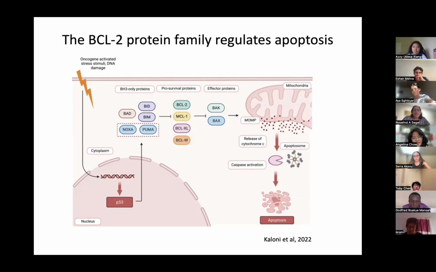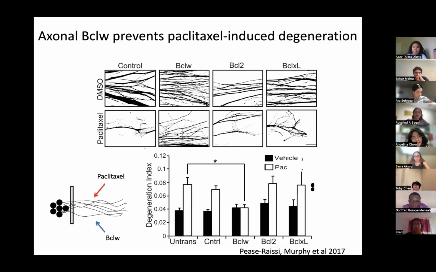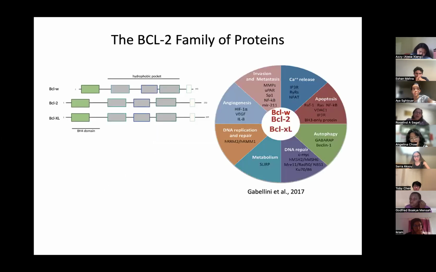Is that what BCLW is doing in our system? And so we tried, instead of introducing BCLW, introducing excess BCL2 or BCLXL into the axons. And as you can see here, and from our quantification, axonal BCLW is the only one that's able to prevent this degeneration. So what's special about it?